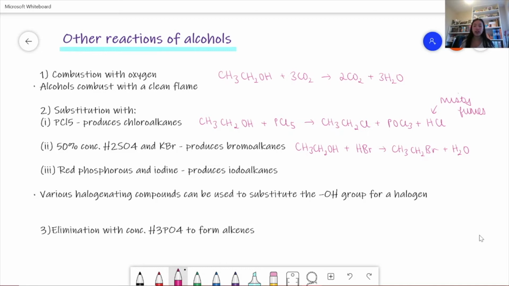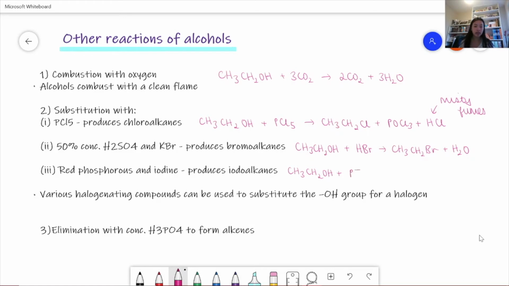And then with the next reaction, we're going to form an iodoalkane. So again, if we use ethanol, we're going to react it with phosphorus iodide. So that's what we get when we mix red phosphorus and iodine together.